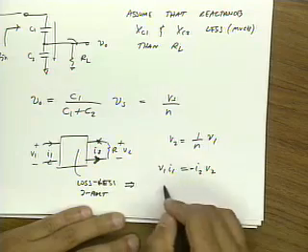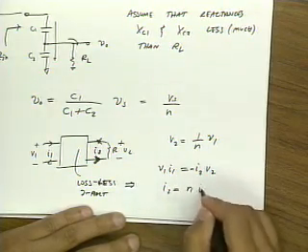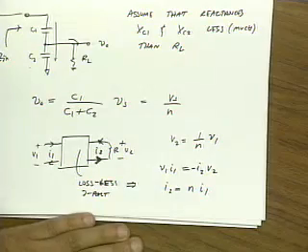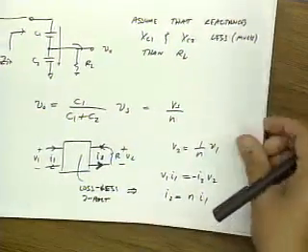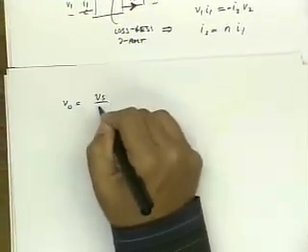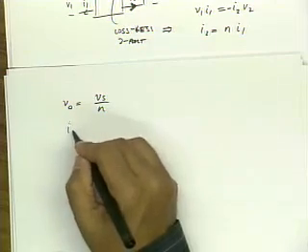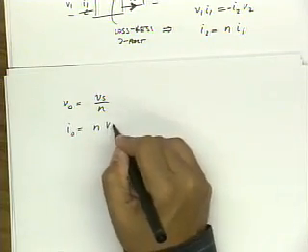That means if there's voltage gain, then the current gain should be the opposite of the voltage gain, right? So for our voltage divider, you might expect that because the output voltage is n times smaller than the input voltage, then the output current should be n times larger.